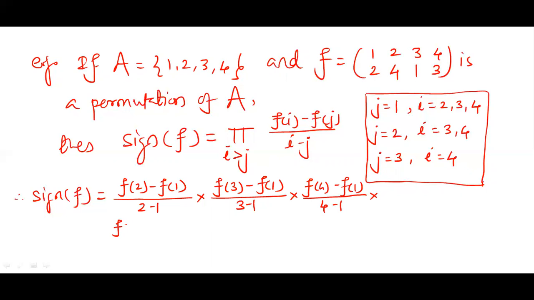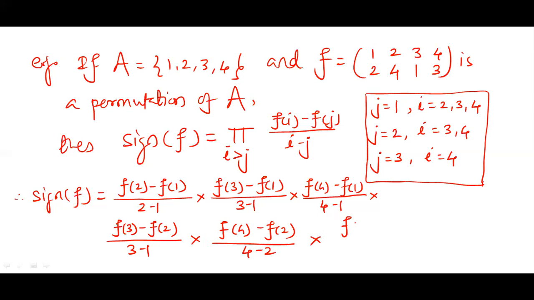Now take j is equal to 2, then we have choices for i as 3 and 4. (f(3) minus f(2)) divided by (3 minus 2) into (f(4) minus f(2)) divided by (4 minus 2) into.